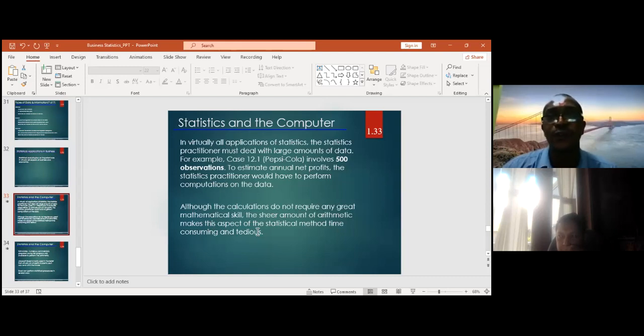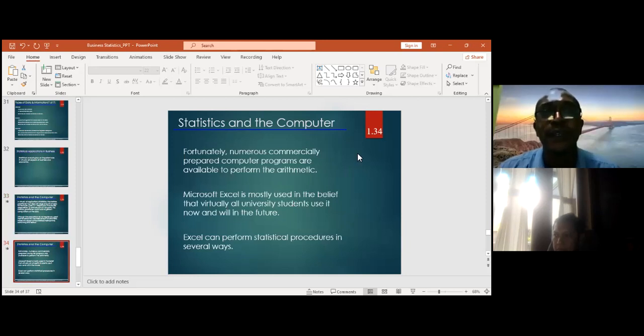So a computer can make things much easier for you. That is why in this statistics course, I believe you will also be exposed to Excel. At least every business student is supposed to know how to use Excel. If you can use other applications, very good, but at least minimum Excel, you should know how to use it.